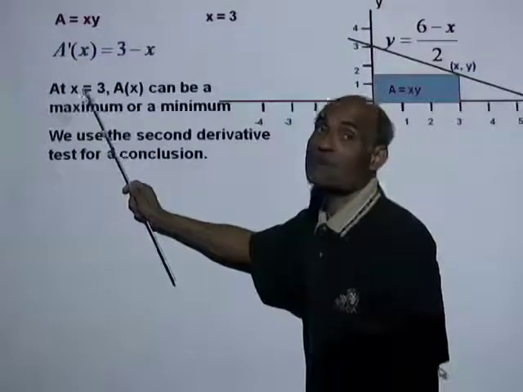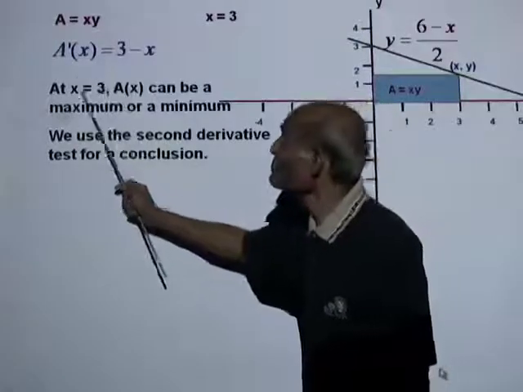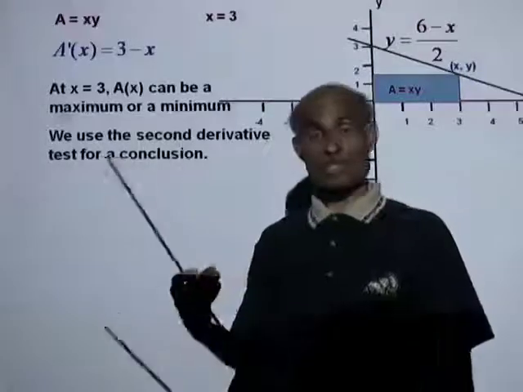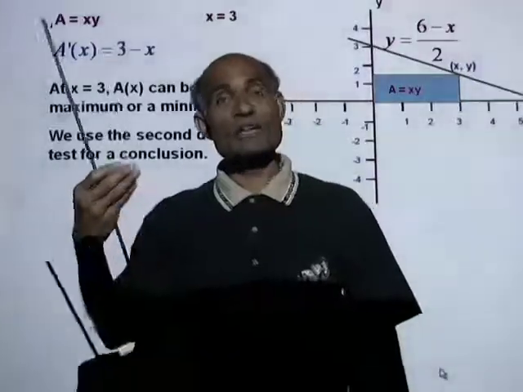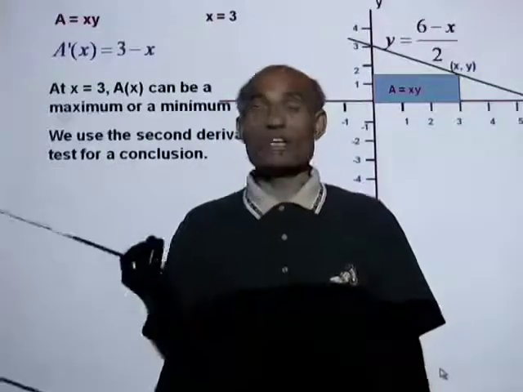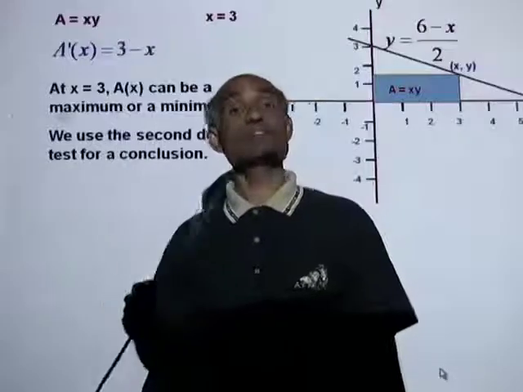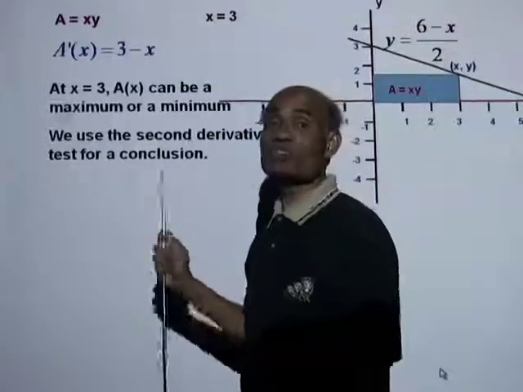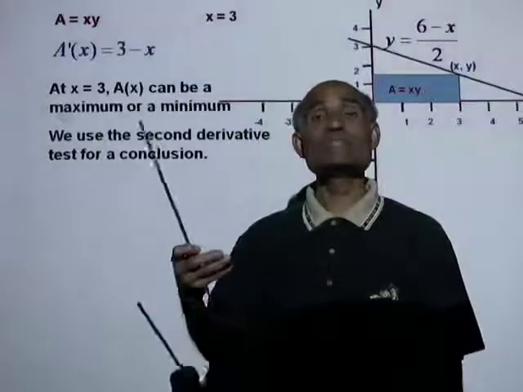Now, how do you know at x equal to 3 we will get a maximum? Because at the critical number, the area can be a maximum or a minimum. We need to establish that it will be a maximum by using our test. What is the test? At a maximum, the second derivative must be negative.